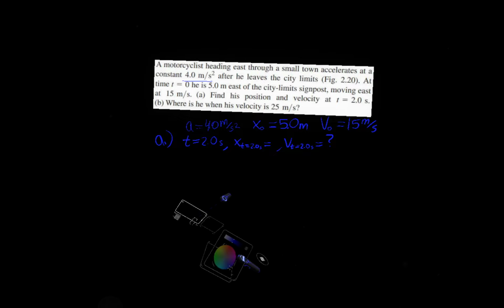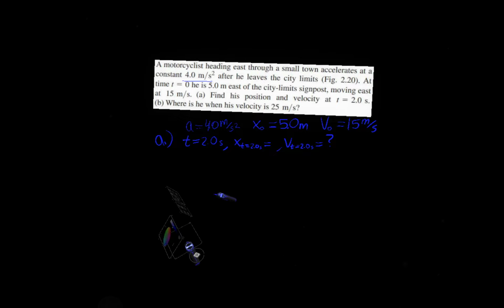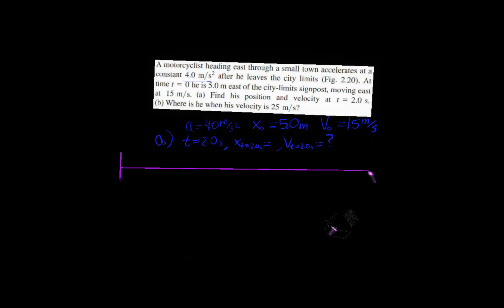All right, so let's start to draw this out. And I'm going to use a different color for our answer. So we have this eastward direction, which we're calling x. Here's our x-axis, and we're heading in this eastward direction.